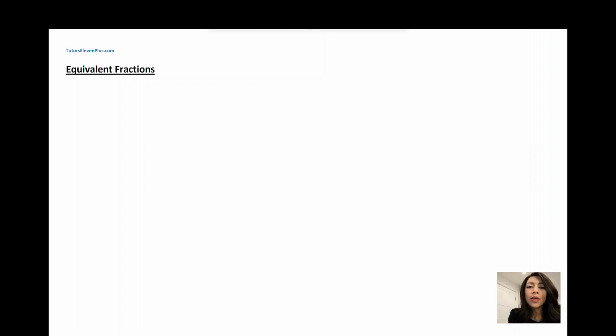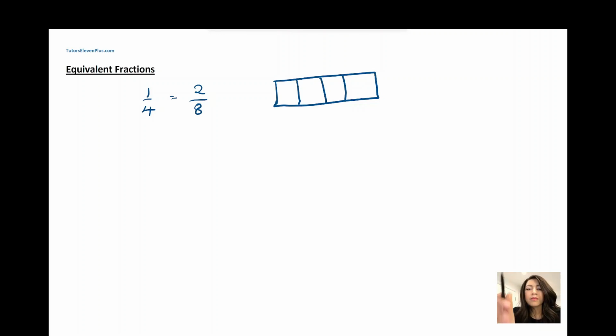So we can say that 1/4 is the same or equivalent to 2/8. And let me show you on a diagram why that is the case. So we can have a bar here which is split into 4 equal pieces.